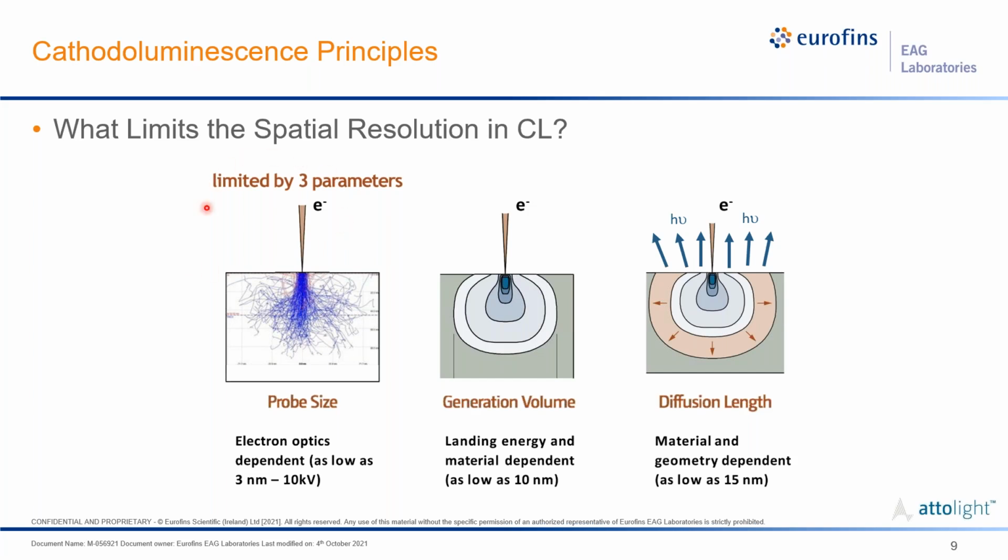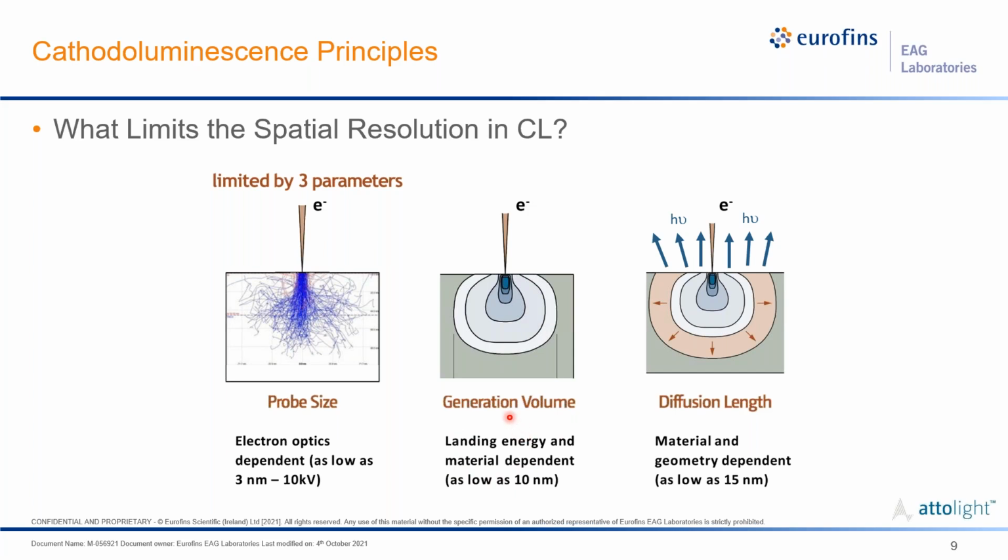And primarily the resolution is going to be limited by 3 basic parameters. The first is the probe size, so the spot size of the instrument. Typically this is going to be on the order of a nanometer or so, fairly small here. The generation volume, so as the electrons impinge on the sample and then go through scattering events within the sample, this creates what's known as the interaction volume or generation volume within the sample.